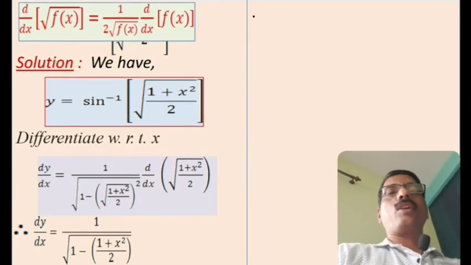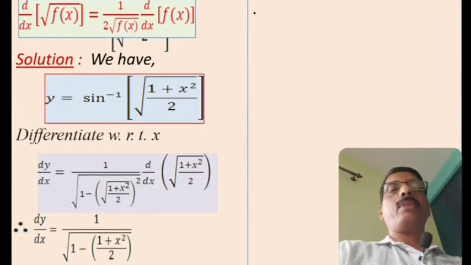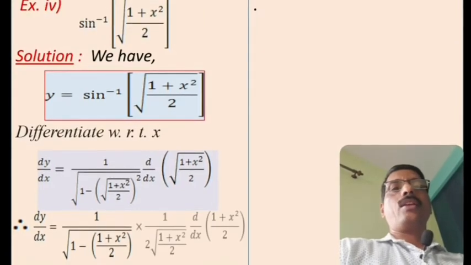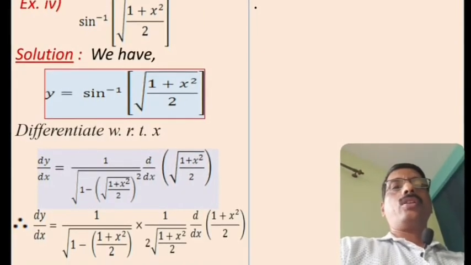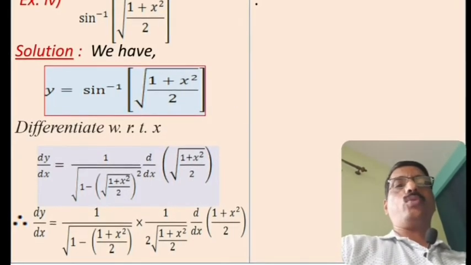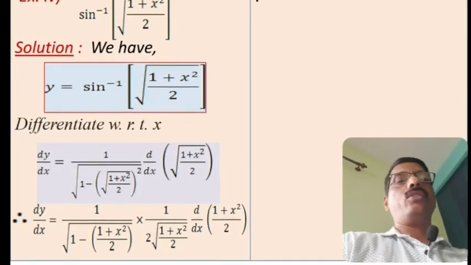Here only substitute the value of f of x equal to 1 plus x square upon 2. Then we can get 1 upon 2 into root of (1 plus x square upon 2) into d by dx of (1 plus x square upon 2).